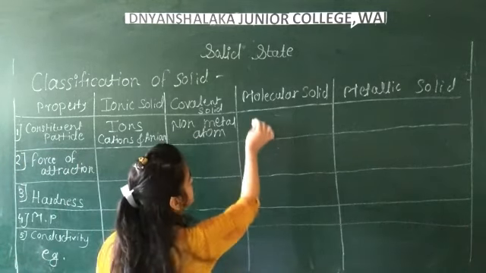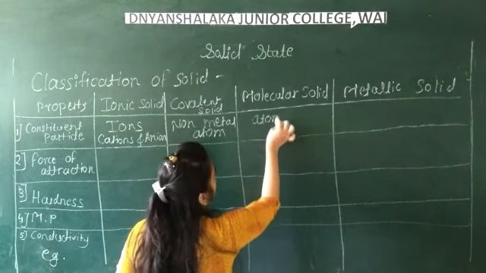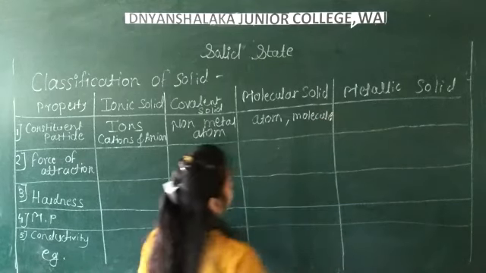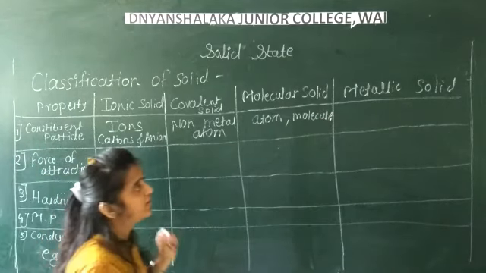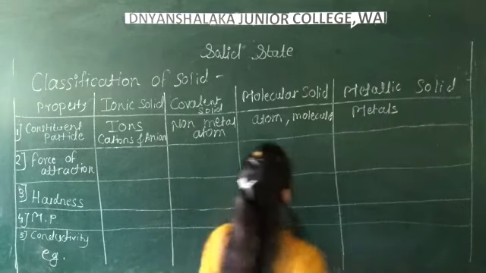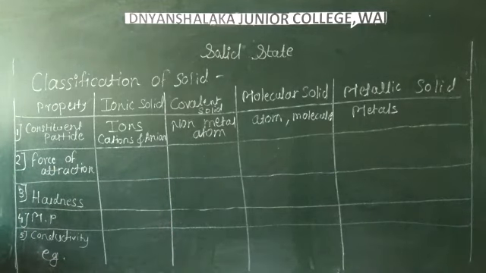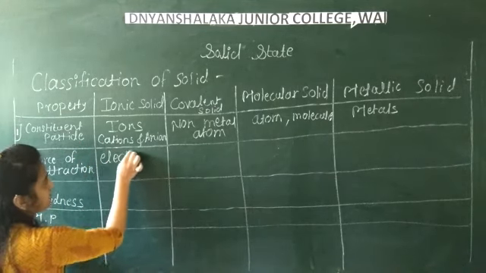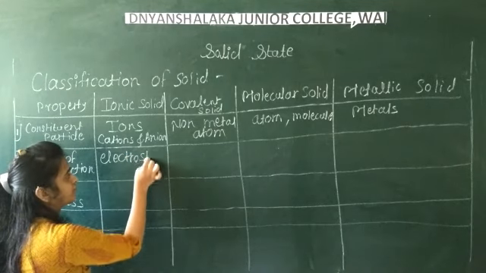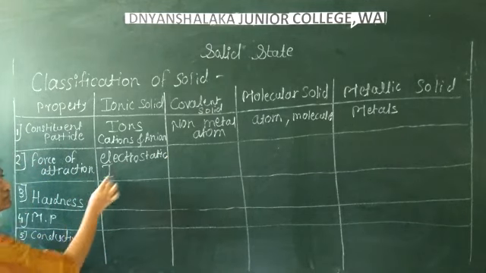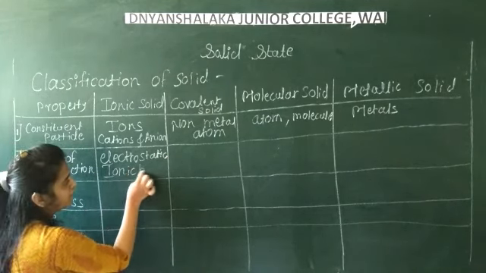Next, molecular solids contain atoms or molecules, and metallic solids contain metals. Next, the force of attraction in each type. In ionic solid, the force of attraction is electrostatic force of attraction, meaning ionic bonding is formed between oppositely charged ions.